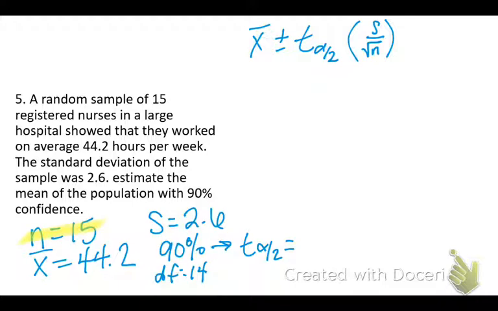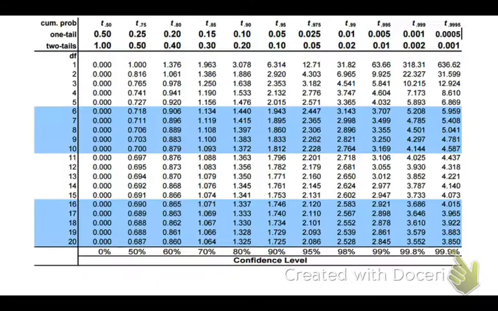I'm going to go ahead and look at that really fast. Here is my t table, and it looks a little bit different than yours because I got this from the internet, I didn't get it from the book. I am looking for my degrees of freedom, which is 14. So here's 14 right here when I highlighted it.